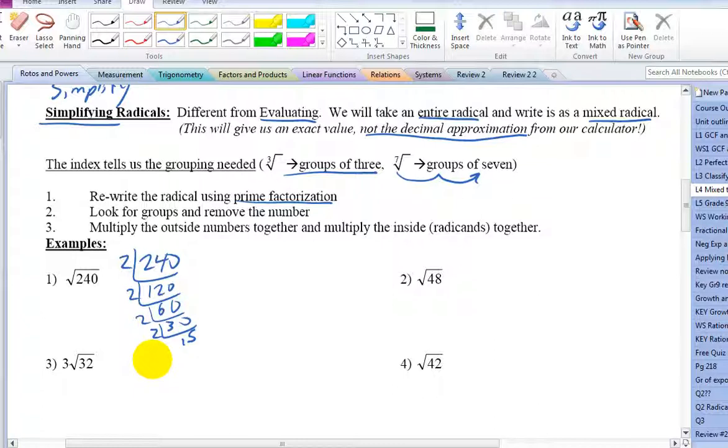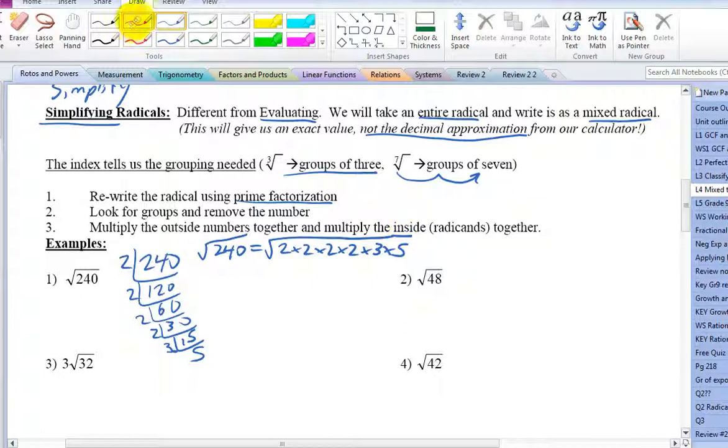What should we do with the 15? Divide by 5 or 3, whatever, okay? So what we have here is we can say that square root 240 equals square root 2 times 2 times 2 times 2 times 3 times 5. Okay. See how long that square root sign is? Make yours long.